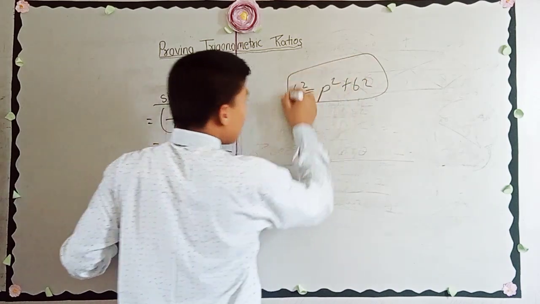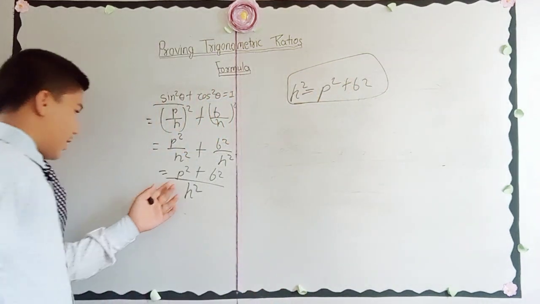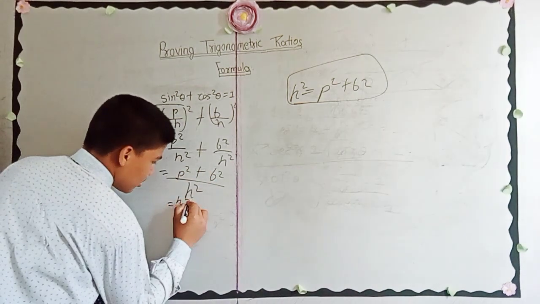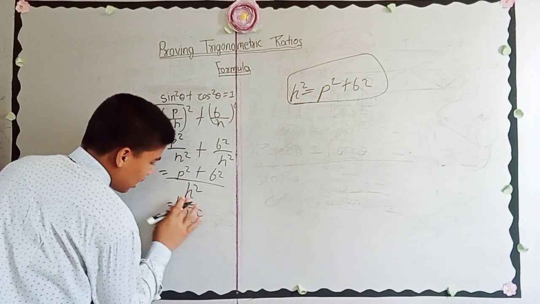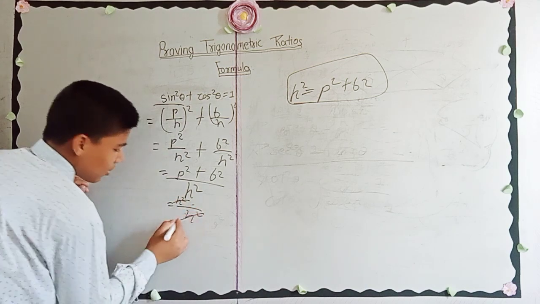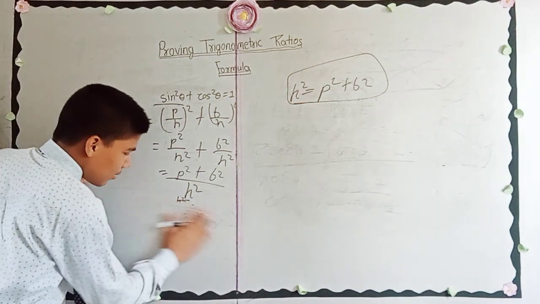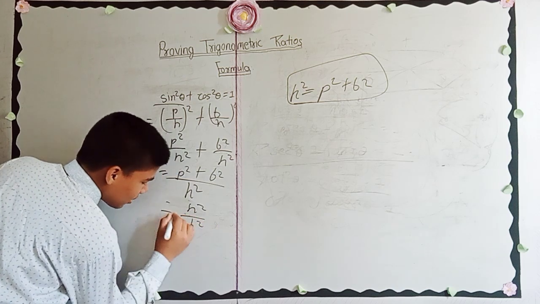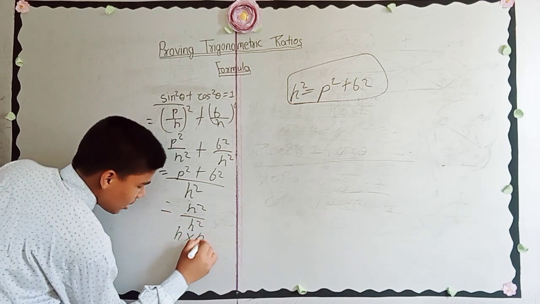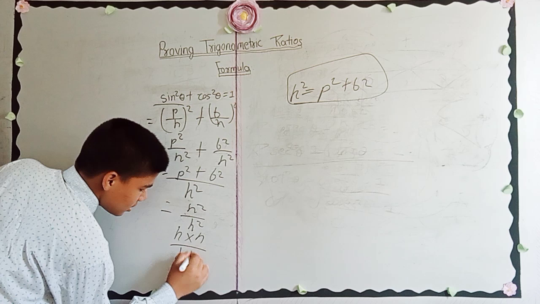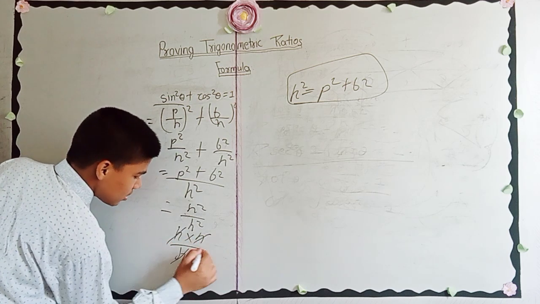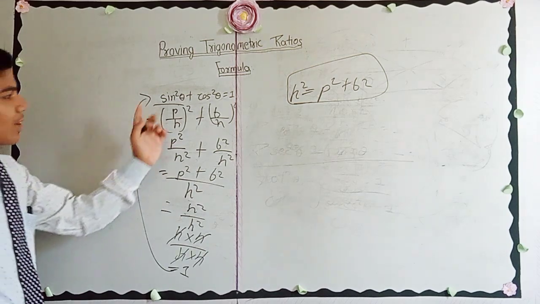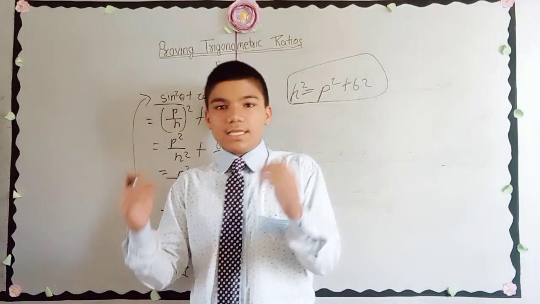So instead of p square plus b square we can write h square, and down also h square. Now we can cut both. If you have a problem, then you can do it like this: h square by h square means h into h by h into h. This cancels, this cancels, it will be 1. It means that sin square theta plus cos square theta is equal to 1.